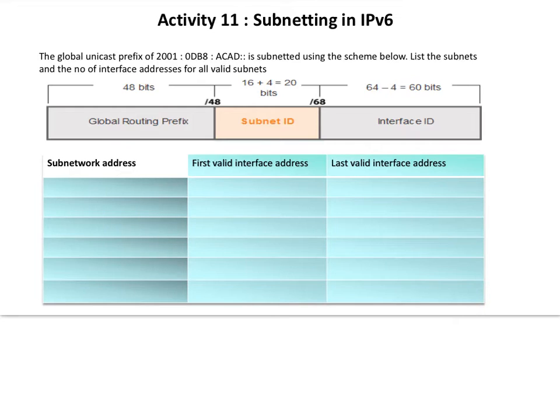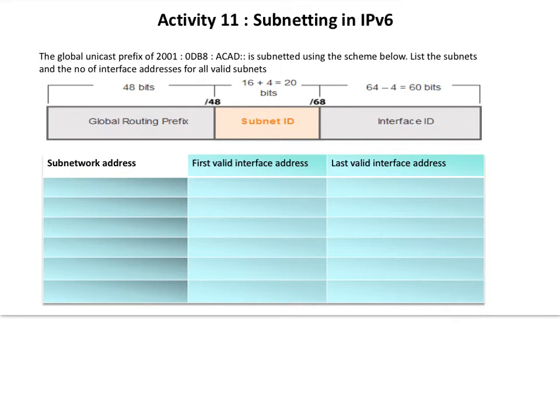So the subnetwork address is not a valid interface address. This is clear. But all ones here is a valid interface address. So that's the only thing that you need to pay attention to. Okay. So the subnetwork address is not a valid interface address. Right? Subnetwork address, similar to IPv4.